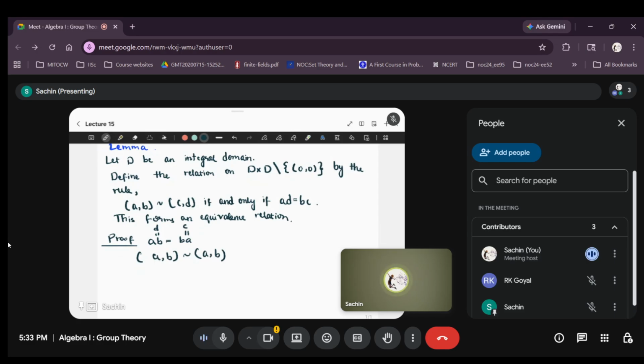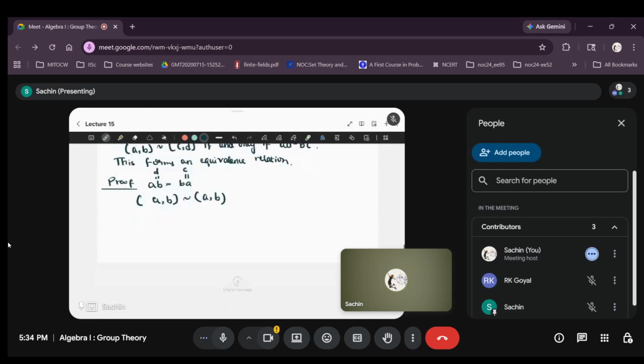We said it's an integral domain, so here also multiplication is commutative. So AB equal to BA. That is, we are replacing D by B and C by A. In that case, if AD equals BC, we have AB is related to CD. So AB is related to AB. So that is reflexive.